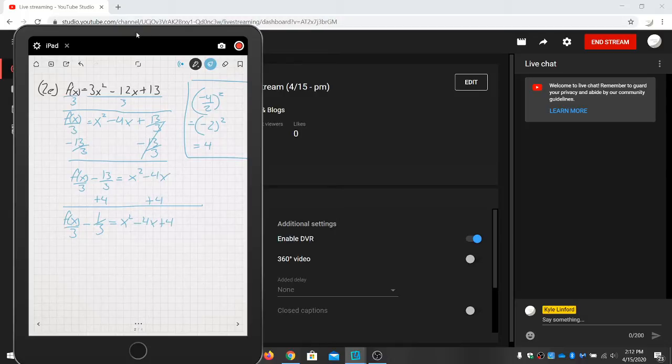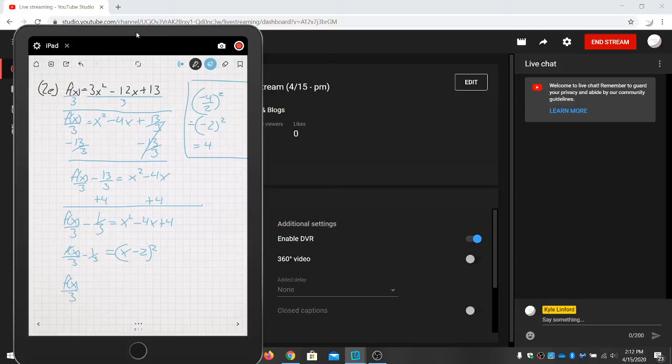Now, the right-hand side must be able to be factored, and in fact it does. It factors down to x minus 2 squared. Let me write this a little neater here. We're going to take f of x over 3.